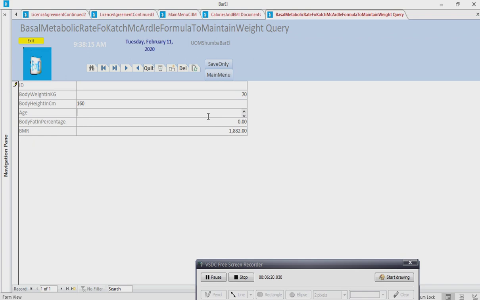Yeah, 160 centimeters. Age is 35 and body fat in percentage is 0.1. Therefore, the BMR is 1730.8.